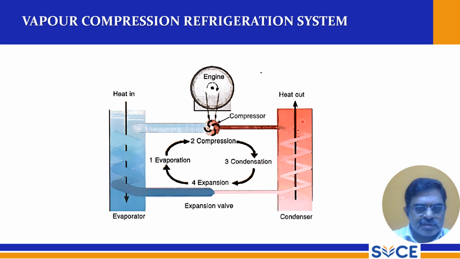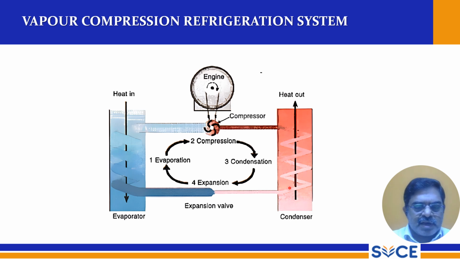This is the condenser, where heat is removed. During the compression process, the refrigerant acquires two properties, high pressure and high temperature. So we have to retain the high pressure, as well as remove the heat that is acquired during compression.